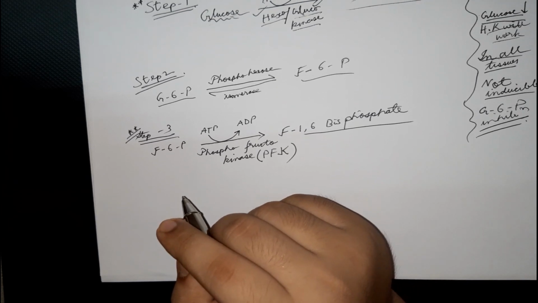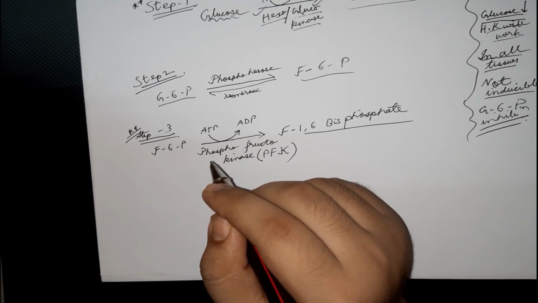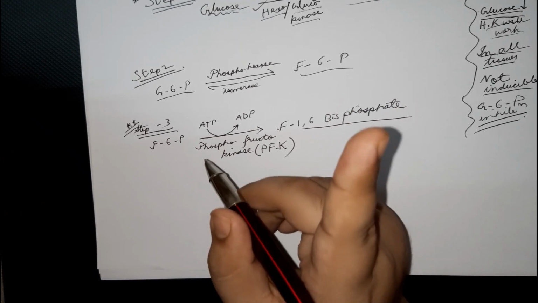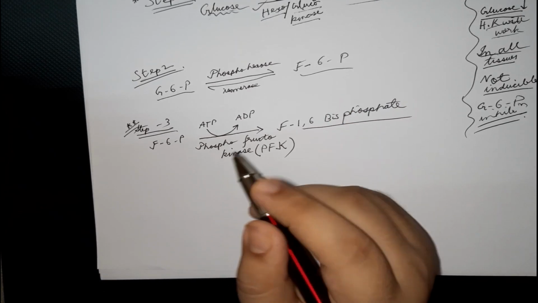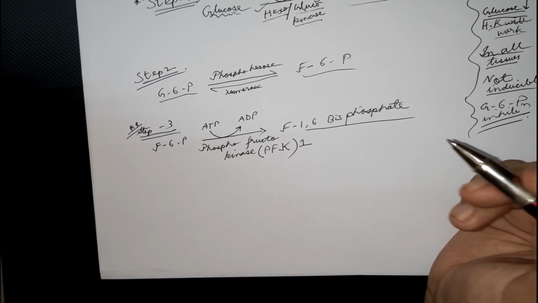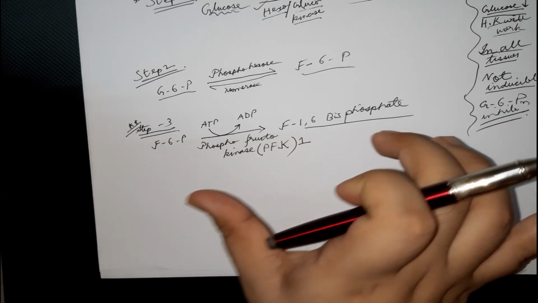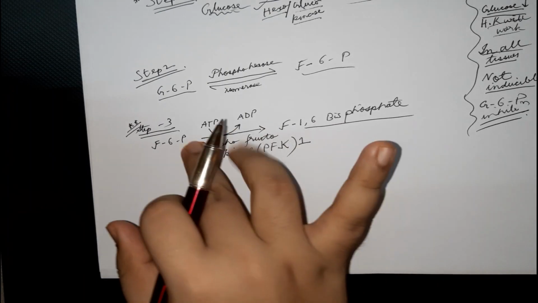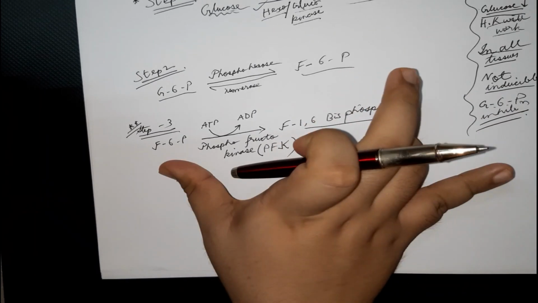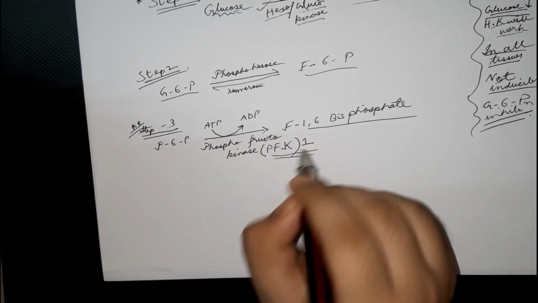I still remember it, although I recorded it 1 week earlier. So phosphofructokinase has two isozymes, okay? It has two isoenzymatic forms. One is PFK1 and the other is PFK2. This conversion in glycolysis itself, fructose 6 phosphate to fructose 1,6 bisphosphate, is brought about by PFK1, not PFK2.